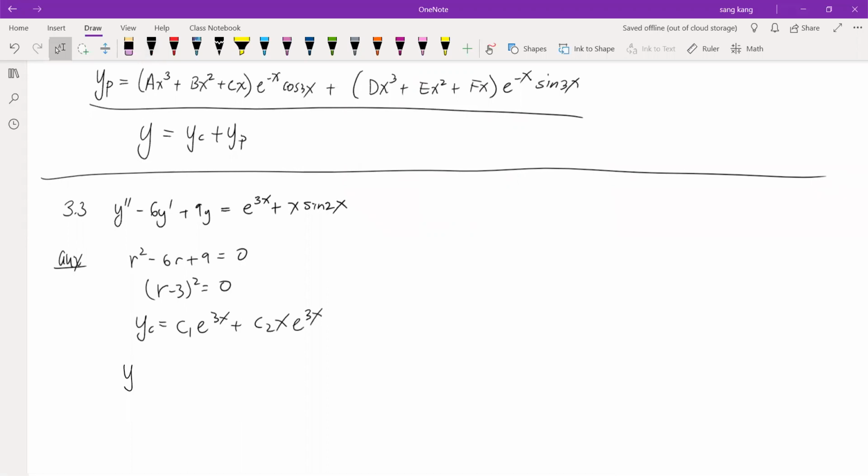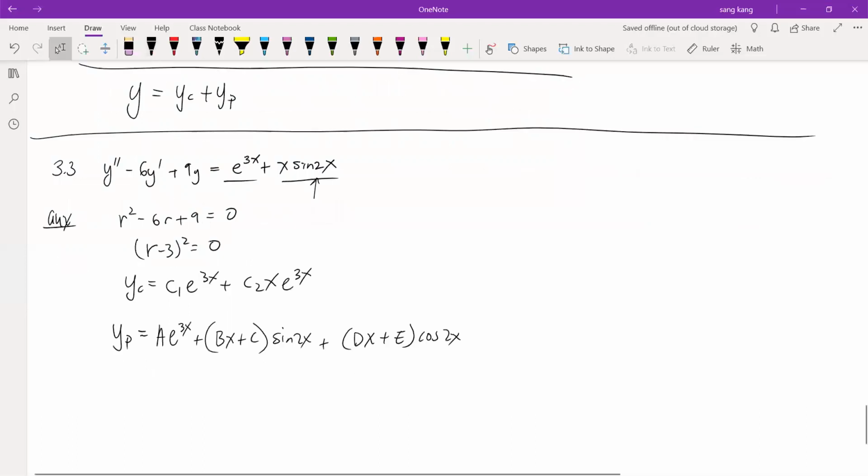Our particular will be the superposition of these two. So a e to the 3x, plus bx plus c times sine of 2x, plus dx plus e times cosine of 2x, because of the trig part.